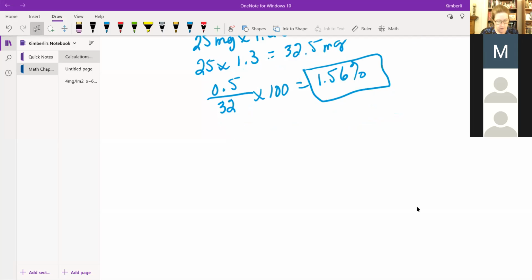Okay, then we have an ampule, which is a sealed glass container that holds a single dose of medication, usually for injection. With a glass container, it's almost like a bowling pin, and you have to literally break the glass.